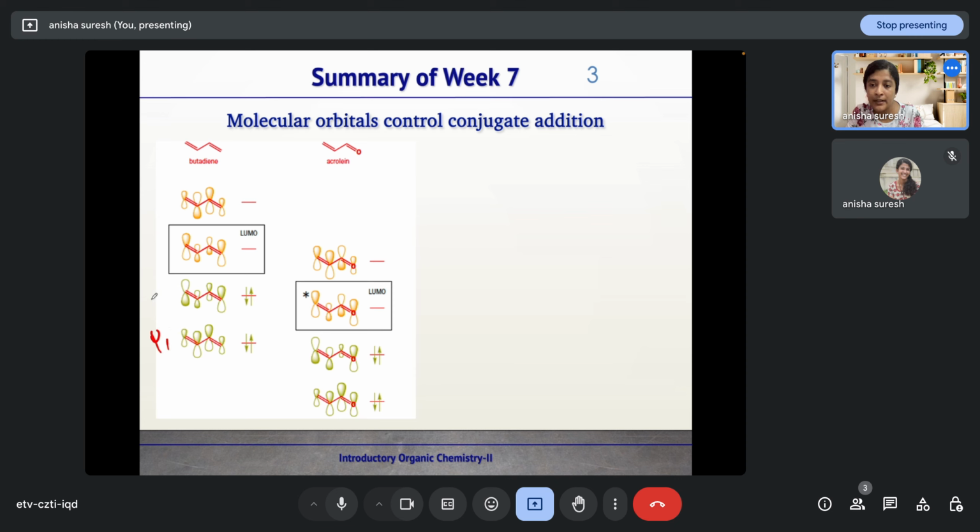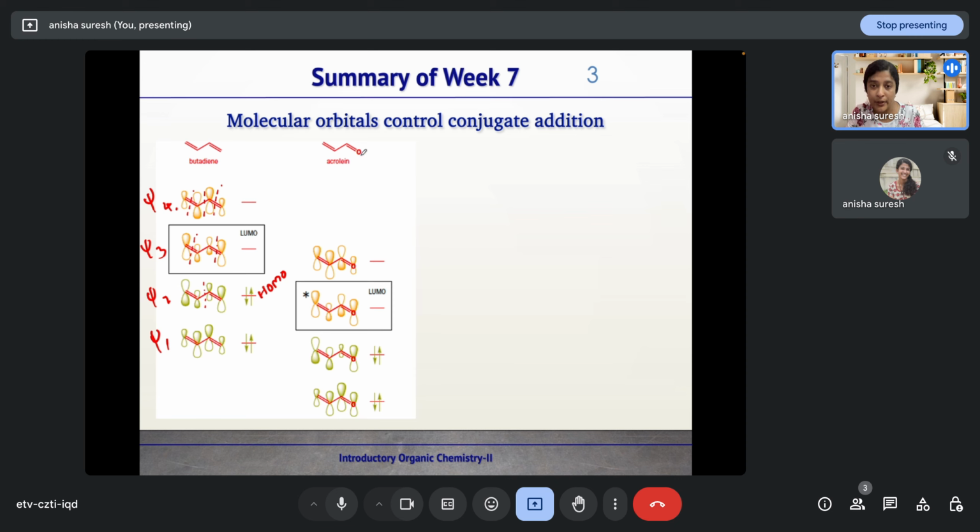This is psi 1, psi 2 with one node, psi 3 with two nodes, and psi 4 with three nodes. Since this has 4 electrons, psi 2 is the highest occupied molecular orbital, and psi 3 will be the LUMO, that is the lowest unoccupied molecular orbital.